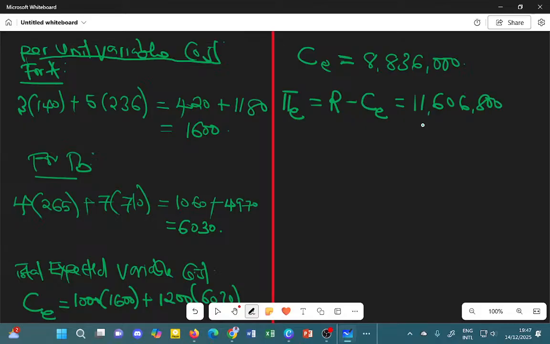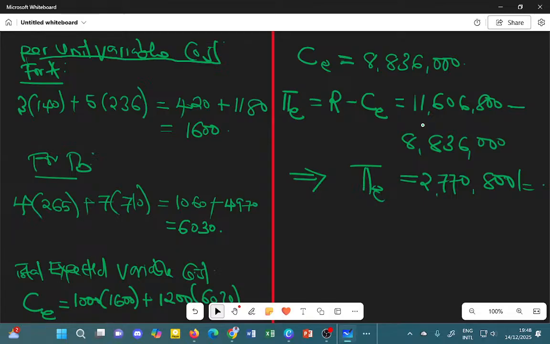That's the value we worked out. And now we have worked our cost to be this, so that has to be minus 8,836,000, which then gives us the expected profit. It implies that the expected profit is the difference between this and this, and if you work it out, it's 2,770,800. So that becomes the expected profit.